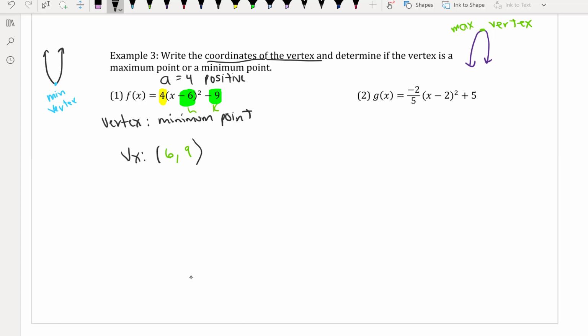Okay, so now I'm going to go on to the next thing. So I have my vertex that I'm going to figure out. So that's going to be a positive 2 and a positive 5. The a coordinate here is negative. So I have that my a is equal to a negative.